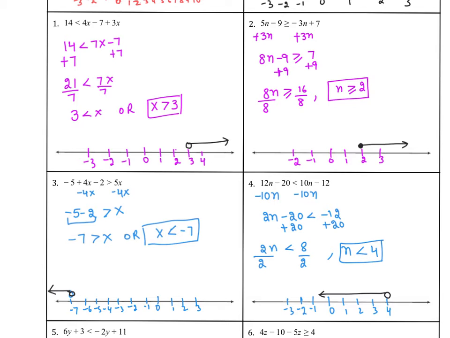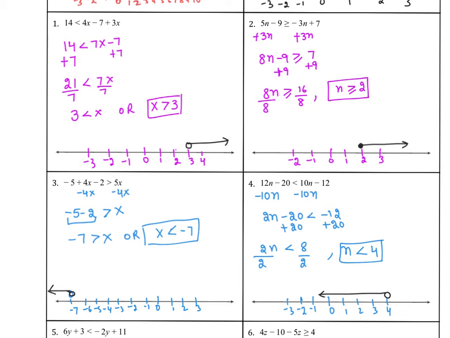For number 3, you're going to bring the variables on one side. So remove this 4x and bring it to the other side by doing the opposite operation. So negative 4x on both sides, this cancels. Negative 5 and negative 2 would give you negative 7. On the other side, you're going to get just x because 5x minus 4x is x.